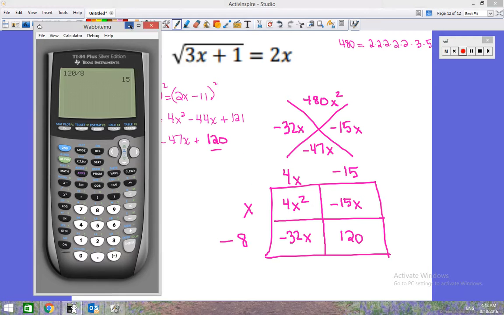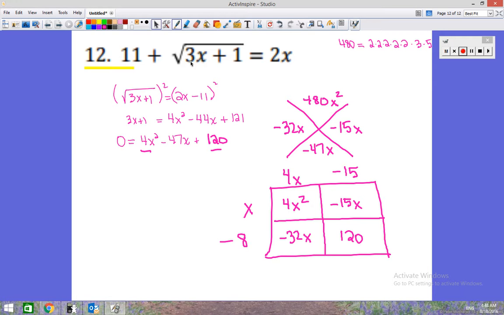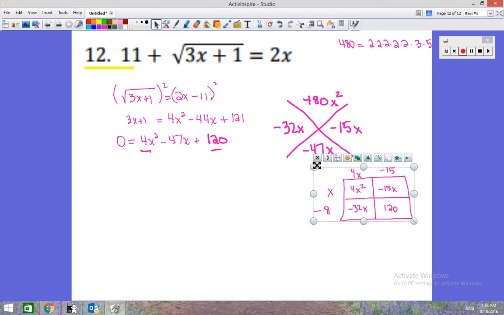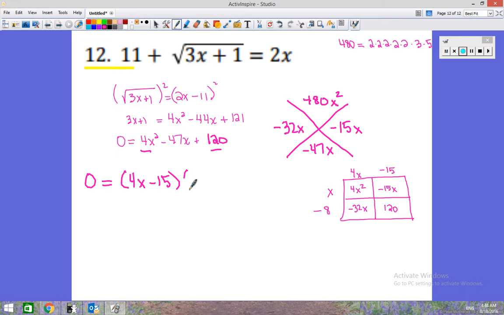Like I say, if you're tutoring, I'll double check, but I believe that's the way, and you should be able to determine that. Hopefully the student won't be so lost that they've never written this down. Hopefully they've written something down. And we have 4x minus 15 is one binomial, and x minus 8 is the other.